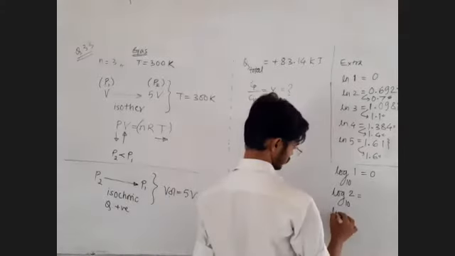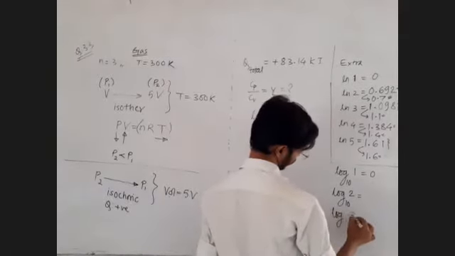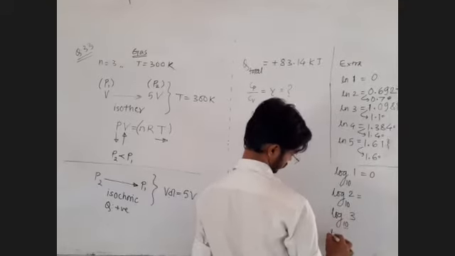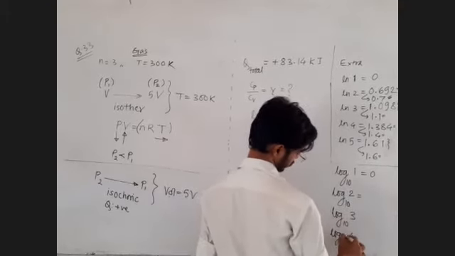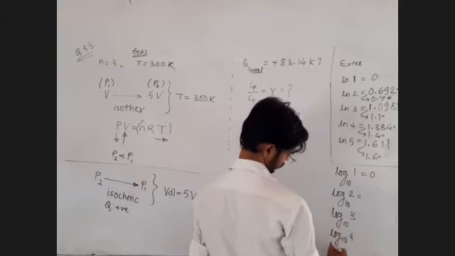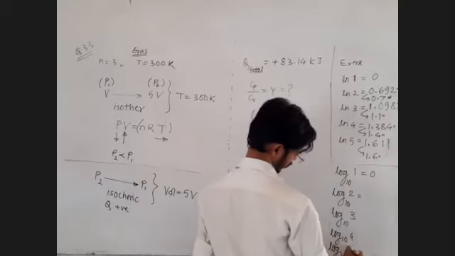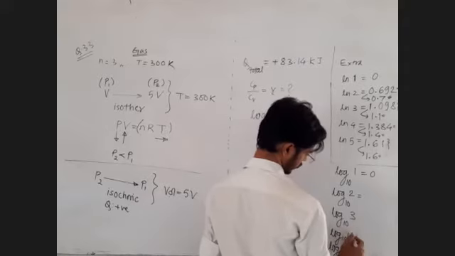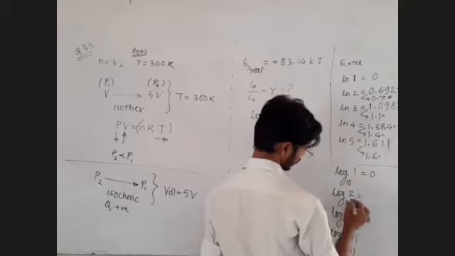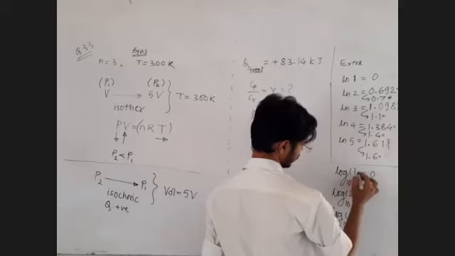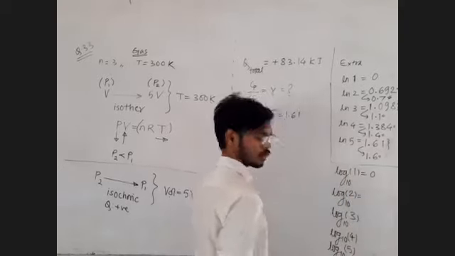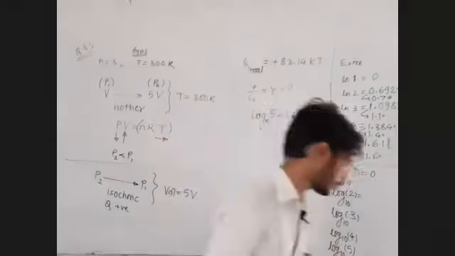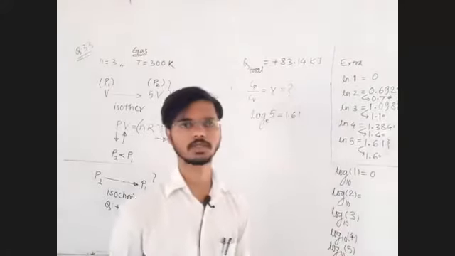Log 2, log 3, log 4, log 5. We all have to remember these values. Otherwise, in the exam, you will be dependent on the data itself. If they give the data, only then will you be able to calculate them. Otherwise, you will just skip that question because we don't know these values.